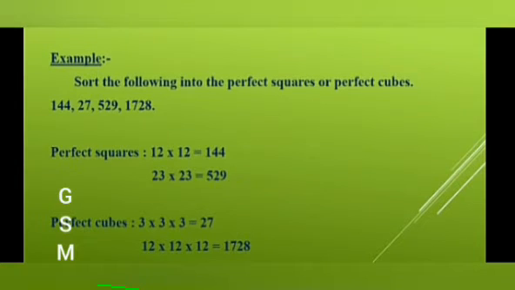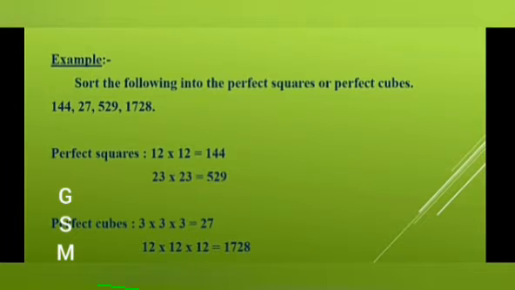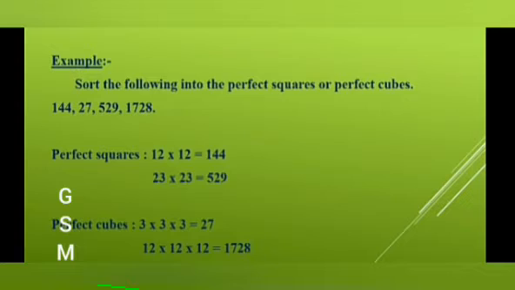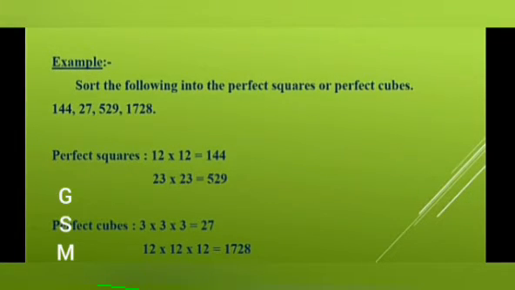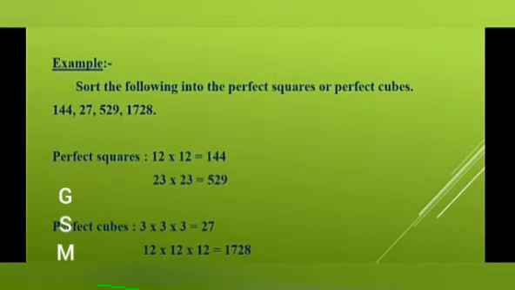Therefore 529 is a perfect square. Similarly, 27 can be written as the cube of 3, so 27 is a perfect cube. Then 1728 can be written as the cube of 12. Therefore, 1728 is a perfect cube.